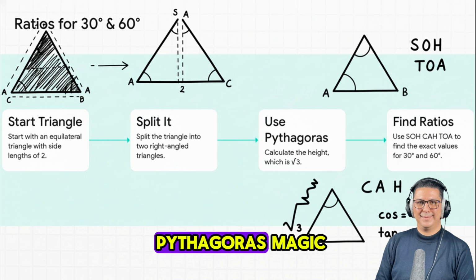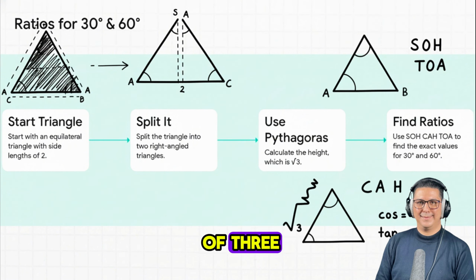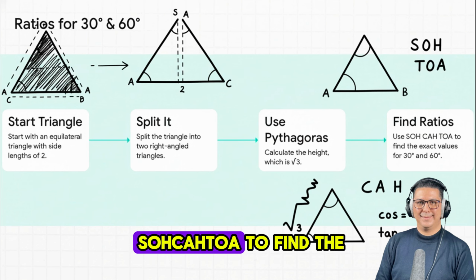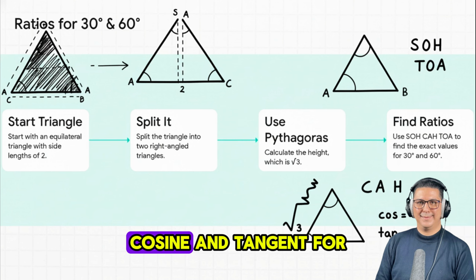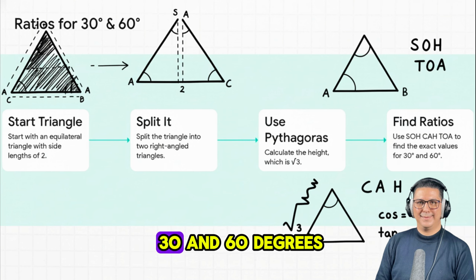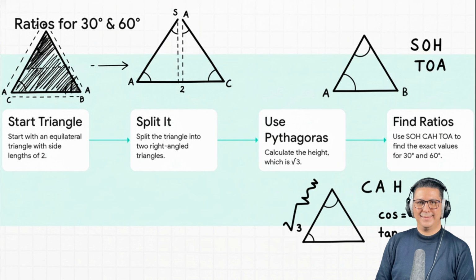We use a little Pythagoras magic, and we find out the height of this new triangle is the square root of 3. Now that we have all 3 side lengths, we can just use SOHCAHTOA to find the exact sine, cosine, and tangent for 30 and 60 degrees.